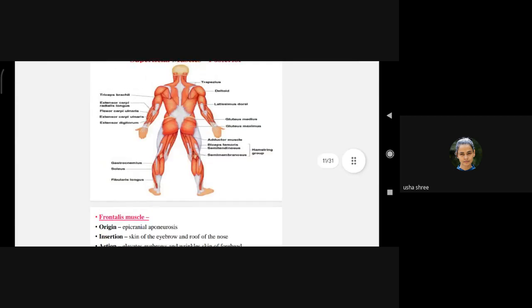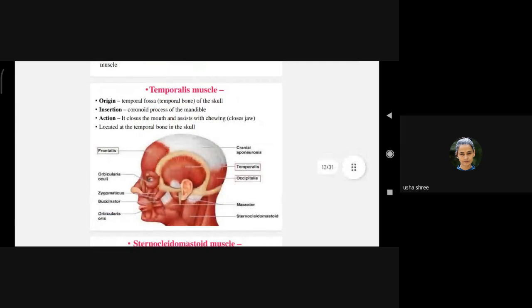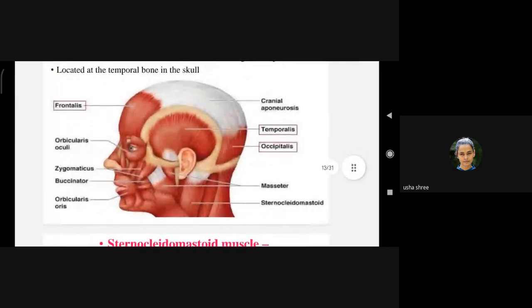This is on the face, ma'am? Yeah, this is on the face. You can see the frontalis muscle here. It is well pictured and labeled. It originates from the epicranial aponeurosis.